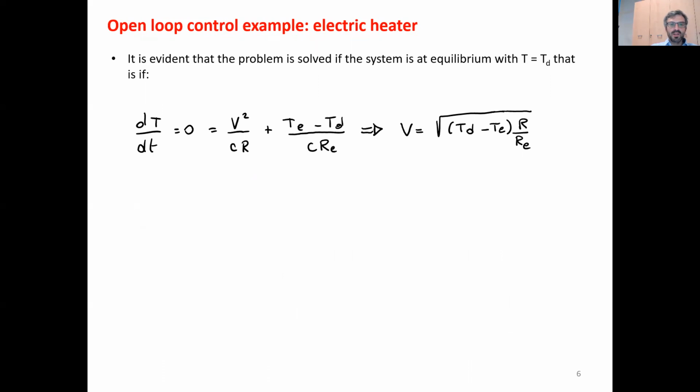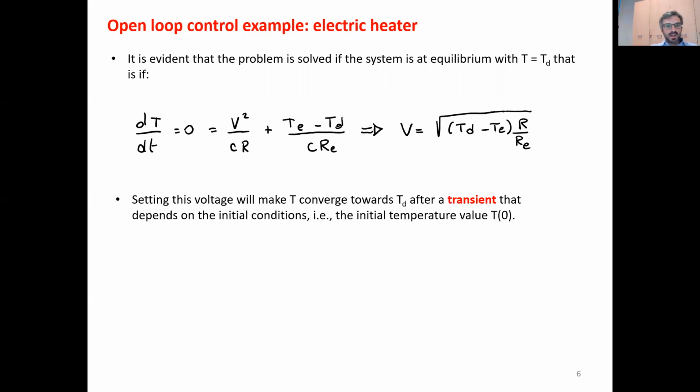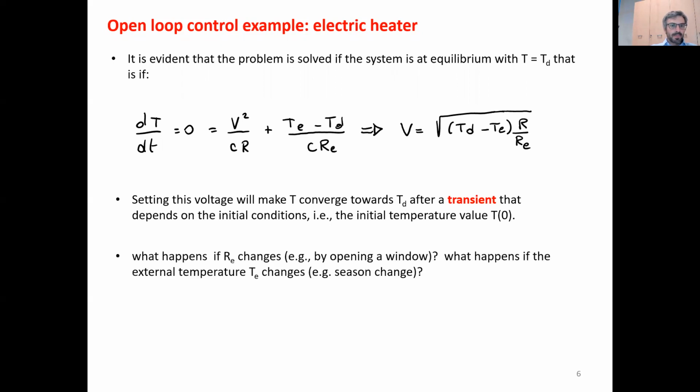Given the value of the desired temperature and of the external temperature, we can compute the value of the voltage to apply to the resistance such that the system evolves naturally to the desired temperature after a transient. And this transient, of course, depends on the initial condition, that is the initial temperature of the room.